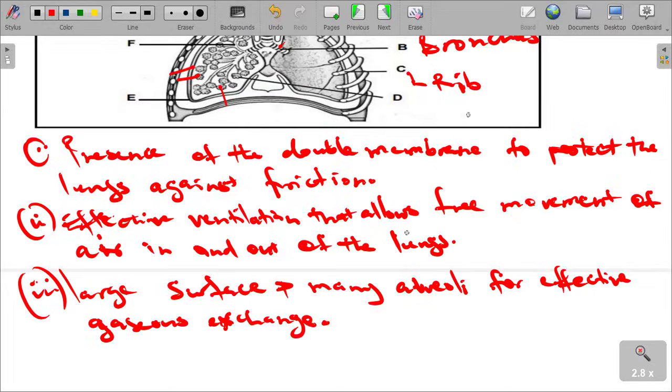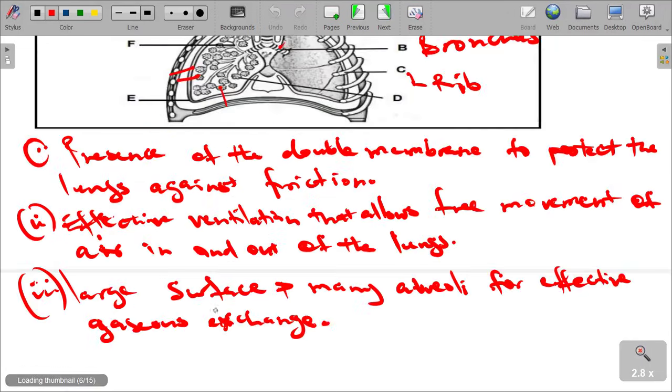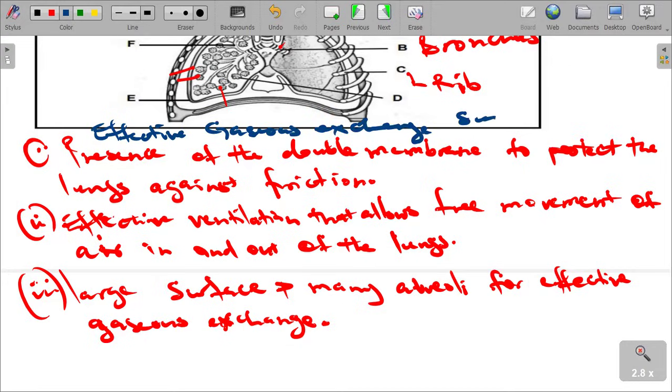Or we can say that this diagram is considered an effective gaseous exchange surface because of the factors that we are listing here. It is an effective gaseous exchange surface due to these points.